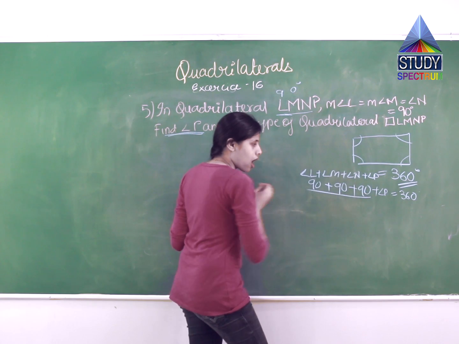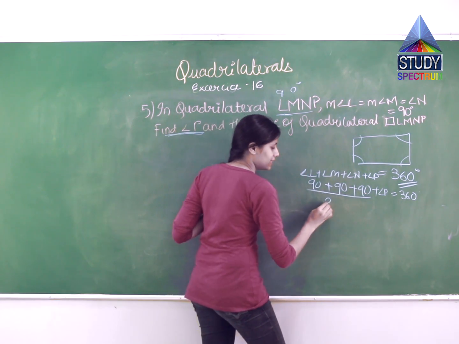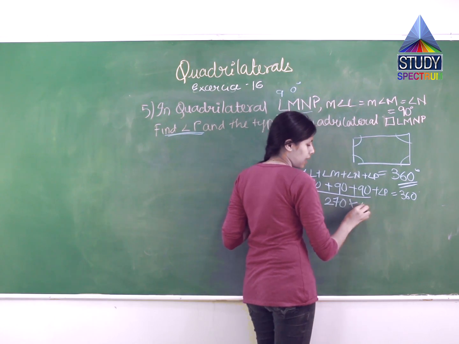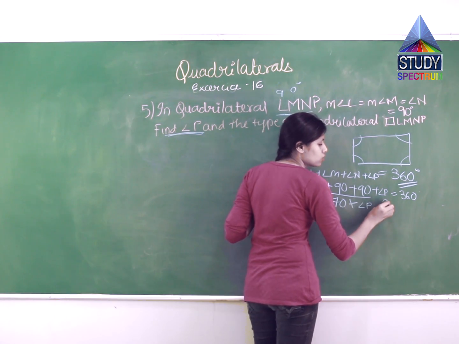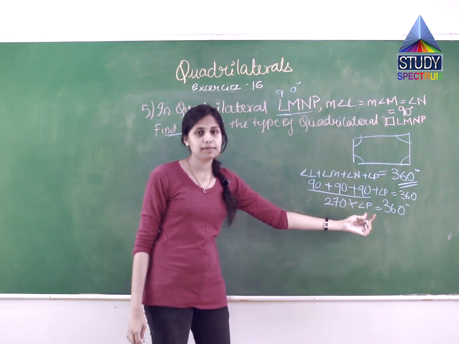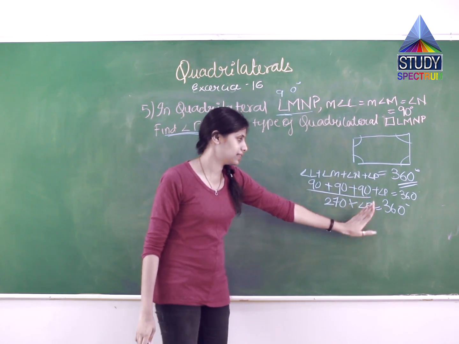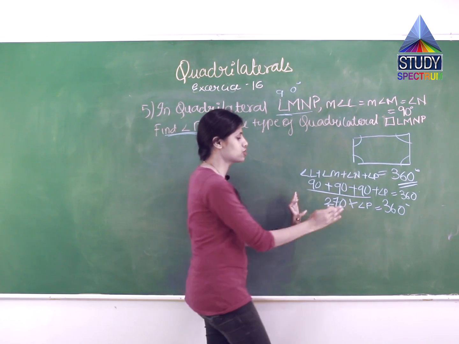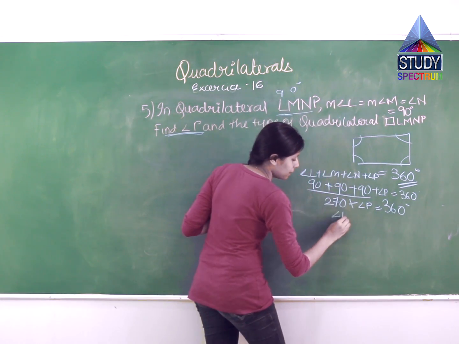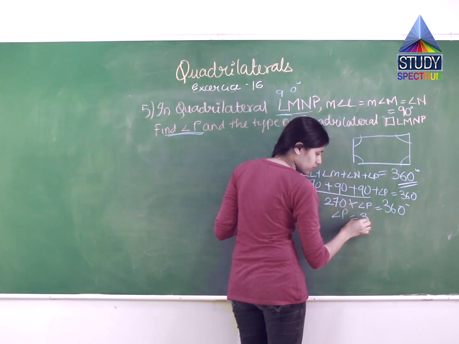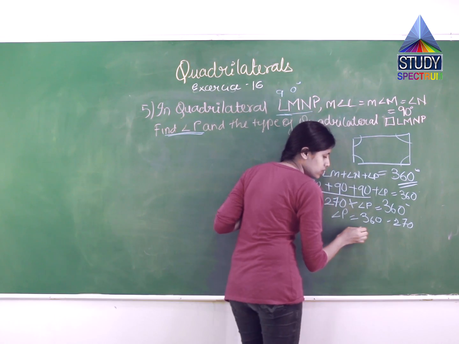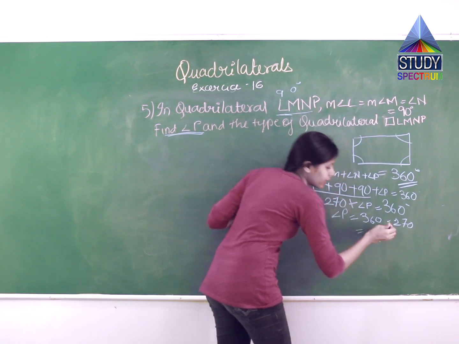So we will write angle P is equal to 360 degree. Now add this, what you get? It is 270. So 270 plus angle P equals 360 degree. Now we have to find the measure of angle P. So keeping this on right hand side and shifting 270 to the left hand side, angle P is equal to 360 degree minus 270 degree, which comes to 90 degree.